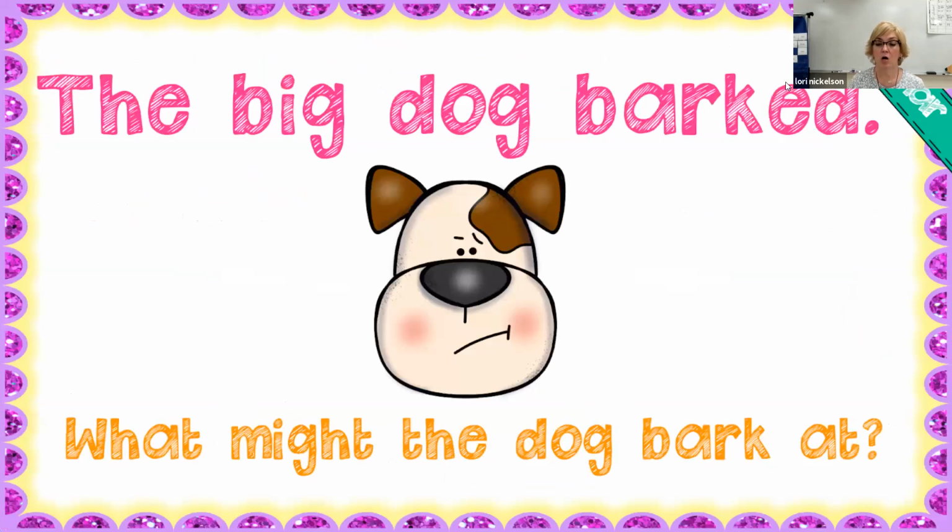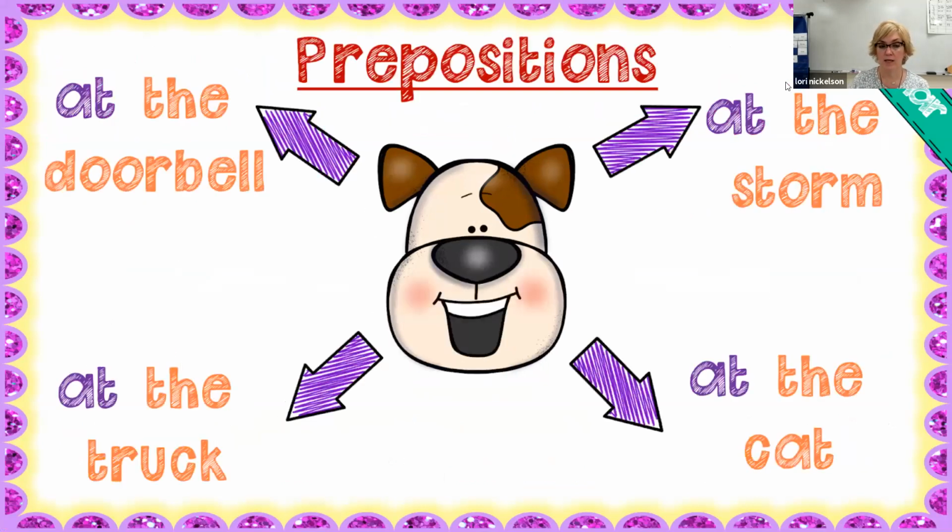So the big dog barked. We added an adjective there, big, to describe dog. So what might dog bark at? Well, he could bark at the doorbell. He could bark at the truck. He could bark at the storm, or he could bark at the cat.